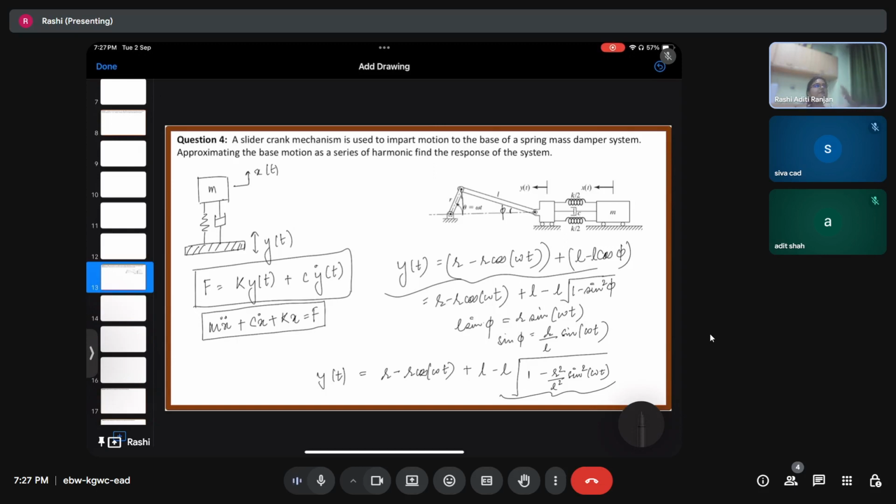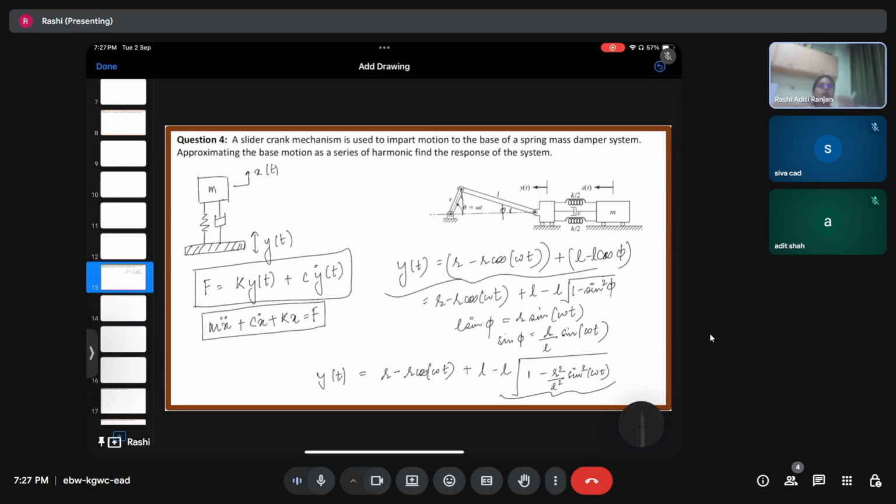So let us say we have a forcing in a way that for the first omega, we are having the amplitude as, let us say, 1. For 3 omega, we are getting amplitude somewhat 0.2. We don't need to calculate the fourth one.